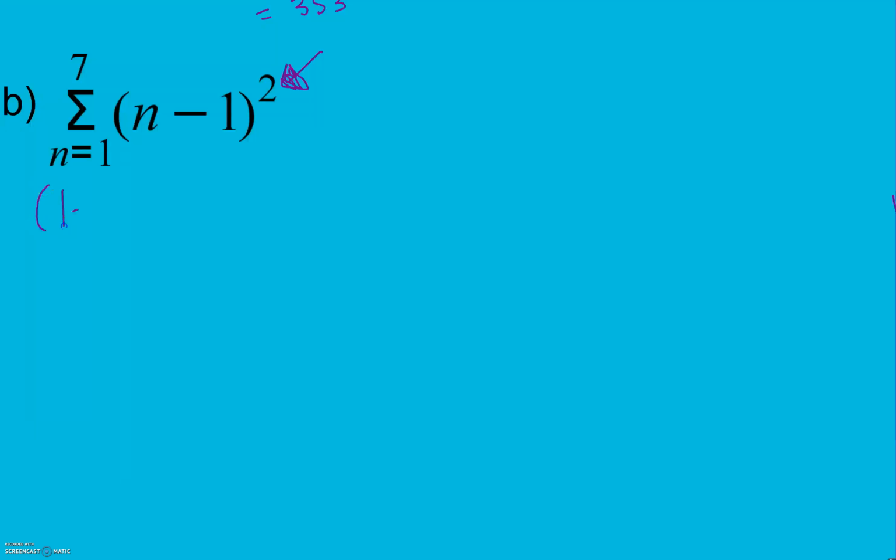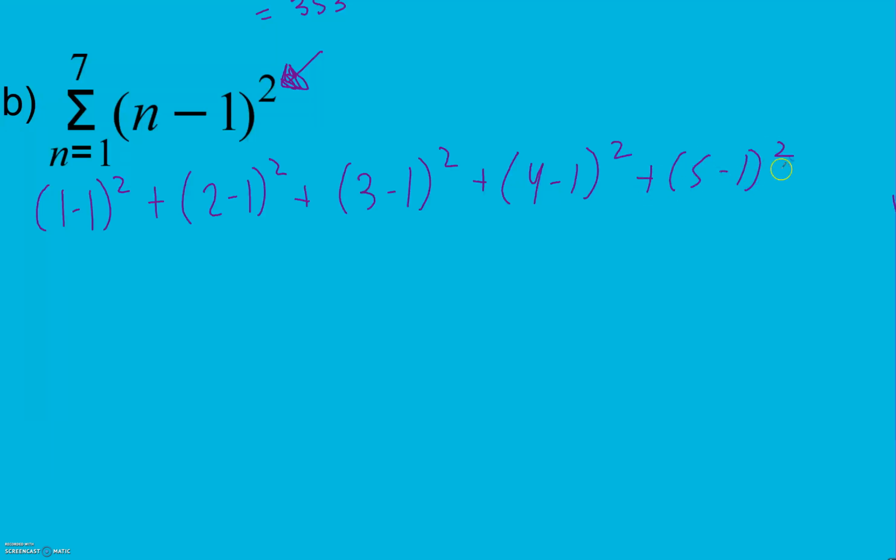So 1 minus 1 squared plus 2 minus 1 squared plus 3 minus 1 squared plus 4 minus 1 squared plus 5 minus 1 squared plus 6 minus 1 squared plus 7 minus 1 squared. Simplify here.